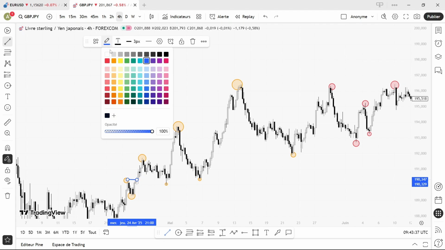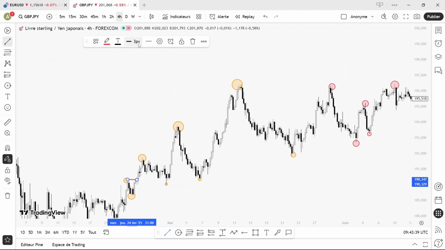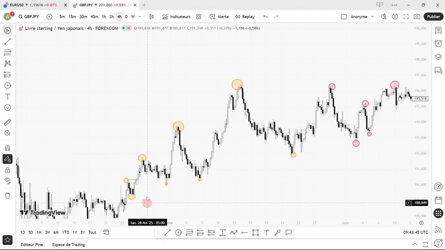Let me put that in red. All right, so there's a break of structure here. Now when the major structure gives a break of structure, it is coming for a pullback.